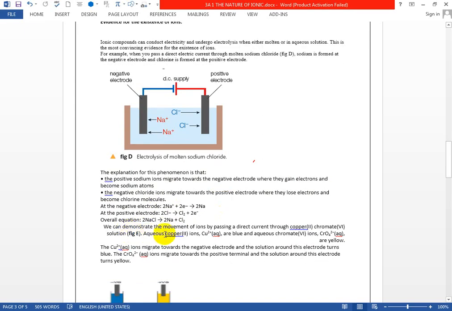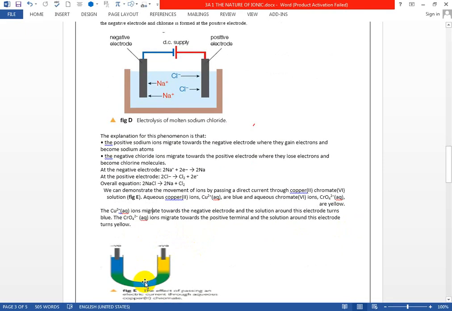We can also demonstrate the movement of ions by passing direct current through copper(II) chromate(VI). The solution is green. Here there are two ions, copper ions and chromate ions.